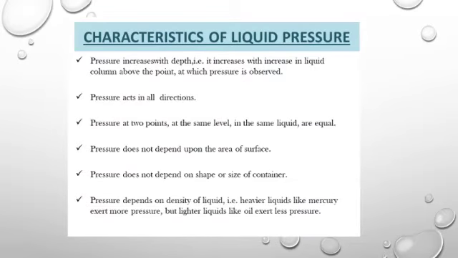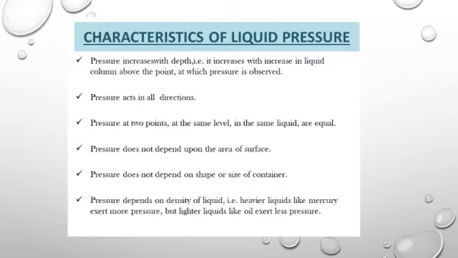Characteristics or properties of liquid pressure are: pressure increases with depth, that is, it increases with the increase in liquid column above the point at which pressure is observed. Pressure acts in all directions. Pressure at two points at the same level in the same liquid is equal.